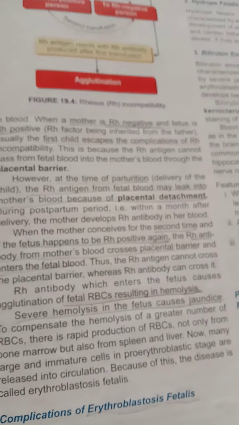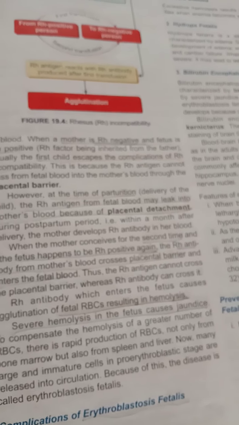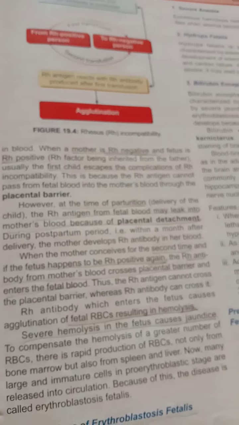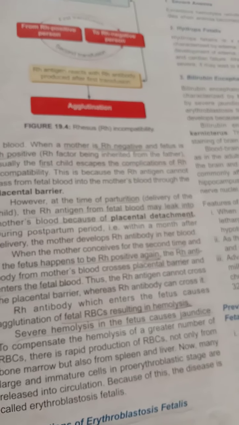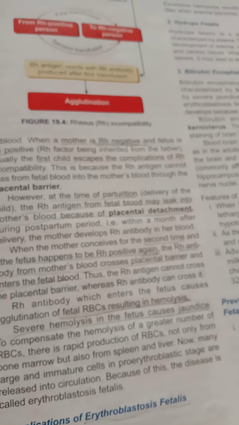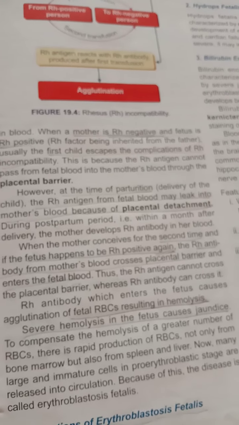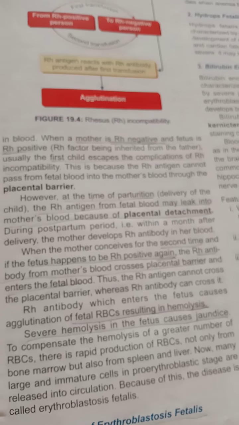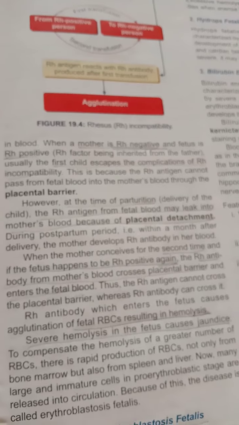During the delivery, there may be a leak of blood. However, we all know there is a placental barrier, so through that placental detachment, some of the fetus blood passes into the mother.